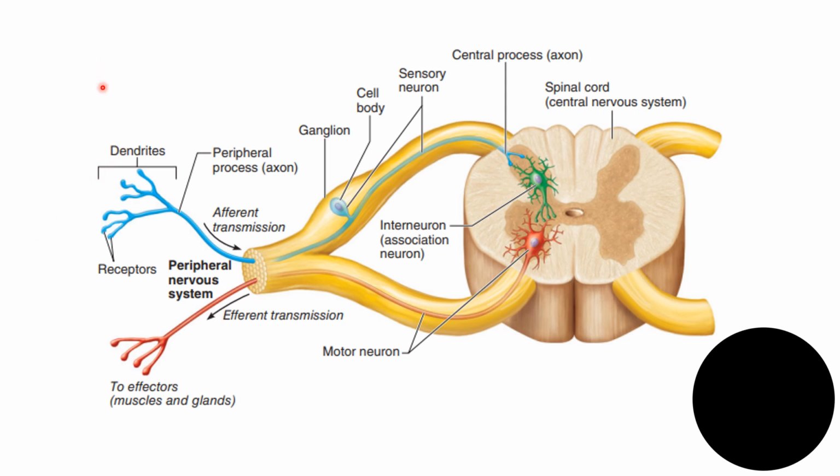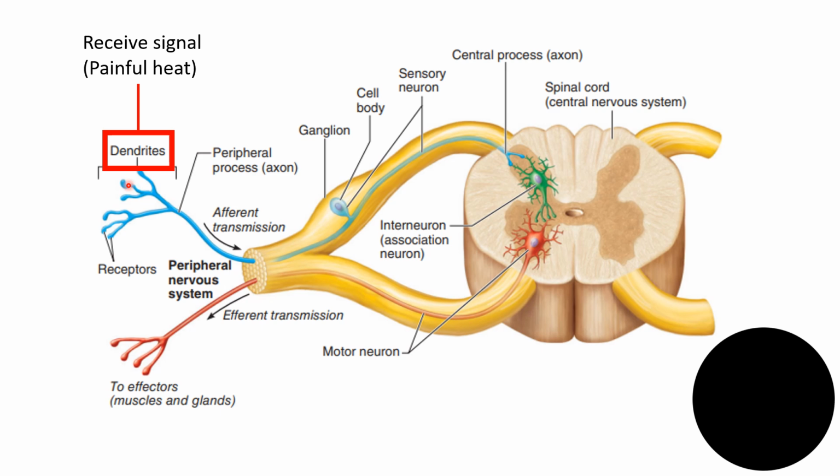So I just want to give an example of how this might work. This is a sensory signaling pathway, and this is the pathway that might be activated if you touch something hot. Then the dendrites are going to receive that painful heat signal and conduct an electrical signal toward the cell body, which is right here.